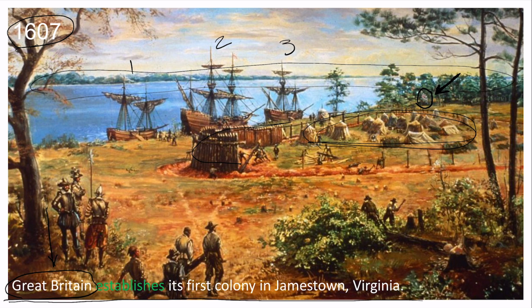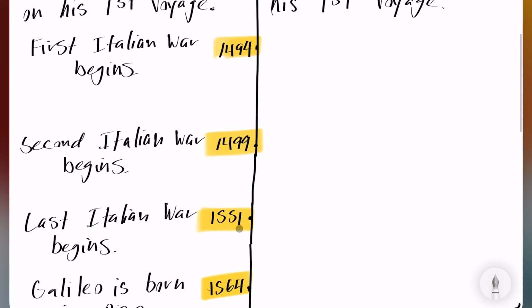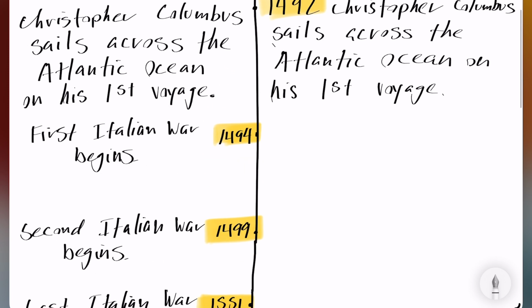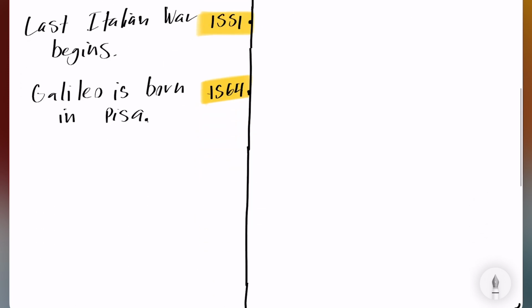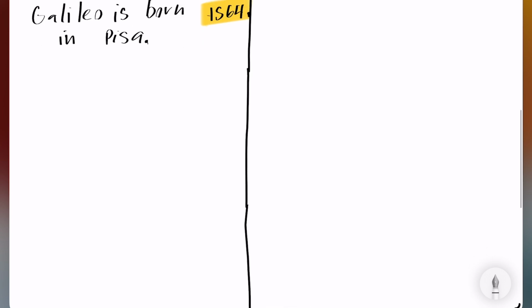So let's take a look at our timeline and let's add that to our list. So here we can see, all right, the events that we've written so far, and we know that 1607 happens after 1564. So we should write about here, 1607.